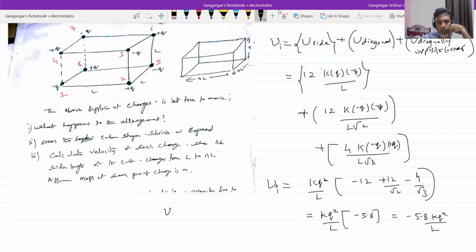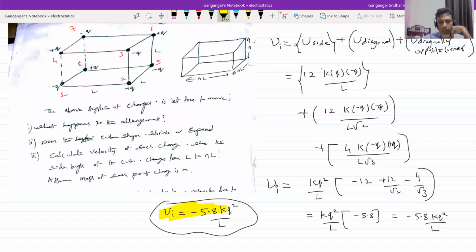UI is minus 5.8 K Q square by L. So what does the negative sign indicate? The system will shrink.